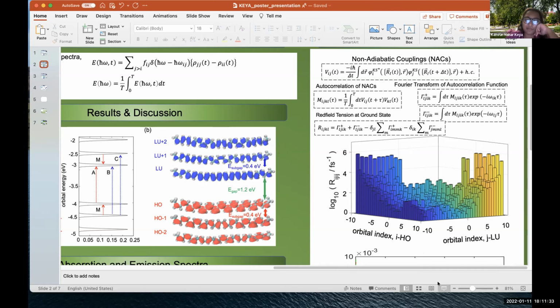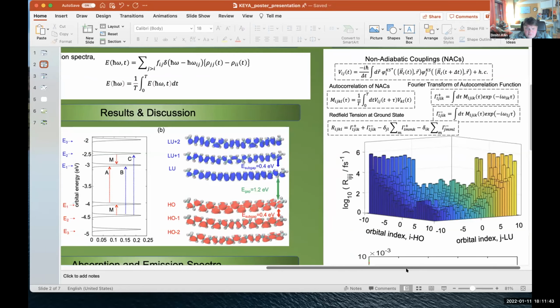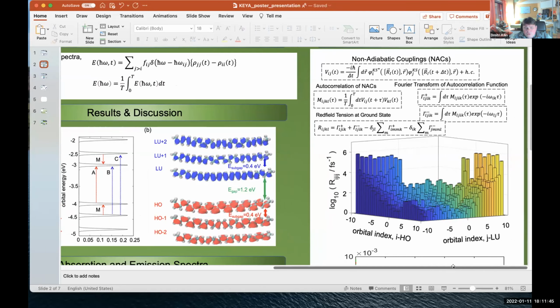And Professor, now tell me how to organize the poster in a correct way. I think your organization is very reasonable. I would place the non-Redfield tensor and the autocorrelation function after orbitals and before dynamics, either after orbitals or after spectra.